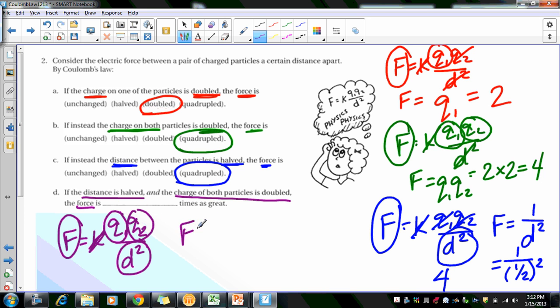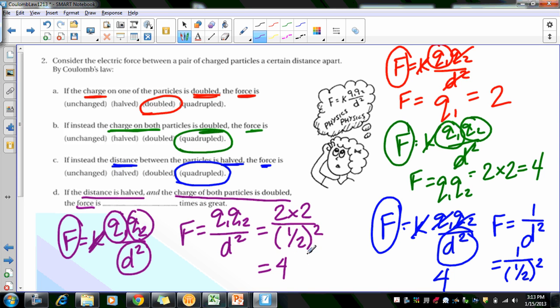So F equals Q1 Q2 over D squared. So let's see, charges double, 2 times 2, and distance is halved. So 1/2 squared. So put that in the calculator. You get 2 times 2, which is 4.